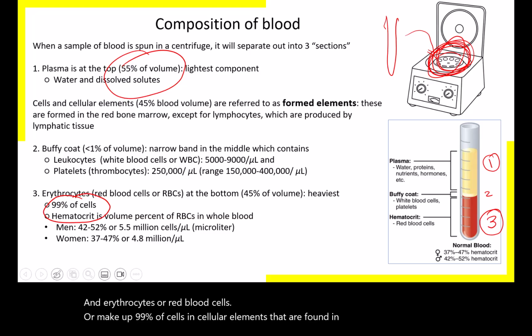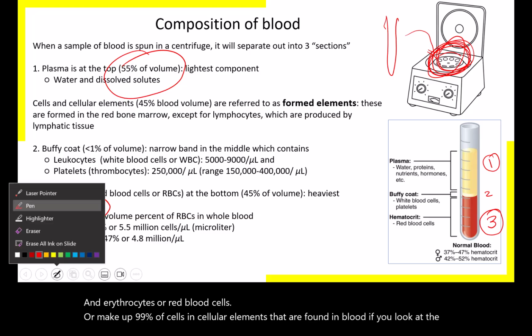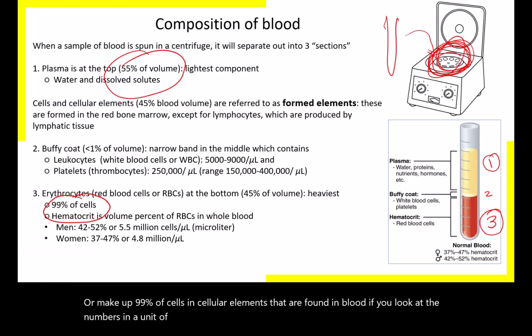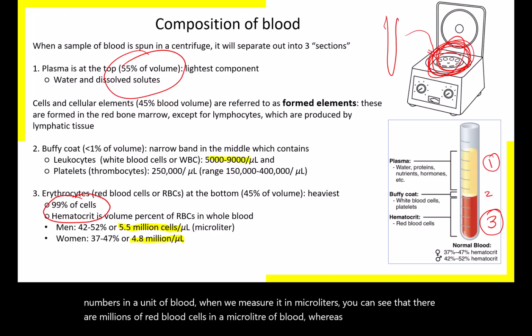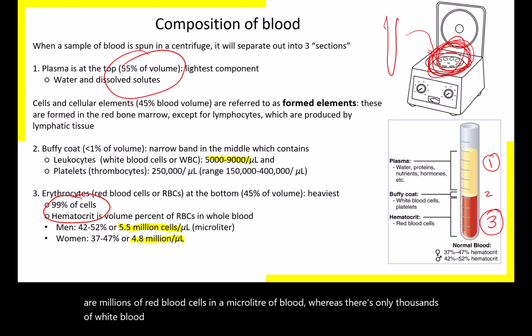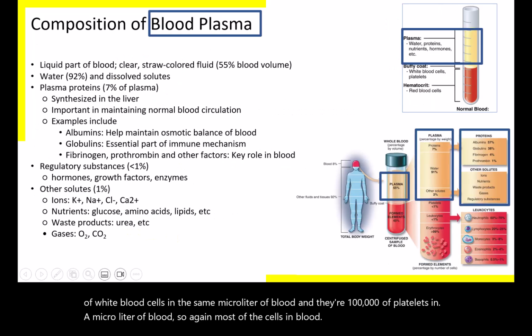If you look at the numbers in a unit of blood, when we measure it in microliters, you can see that there are millions of red blood cells in a microliter of blood, whereas there are only thousands of white blood cells in the same microliter of blood, and there are 100,000s of platelets in a microliter of blood. So again, most of the cells in blood are red blood cells.